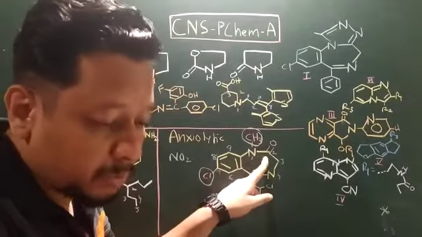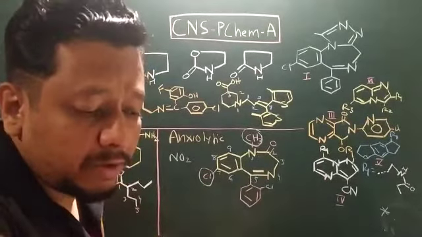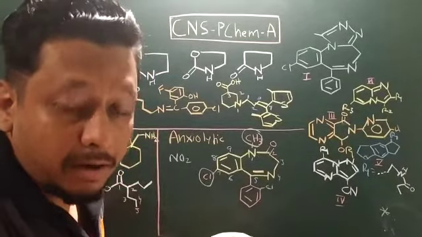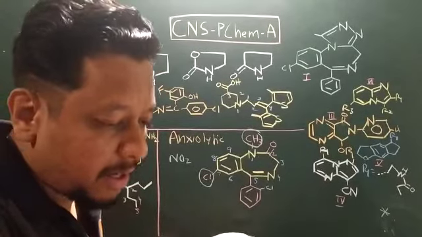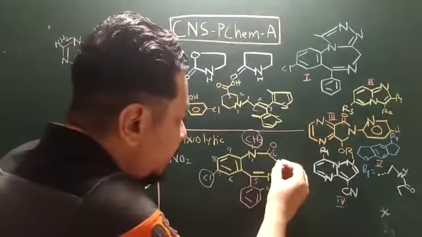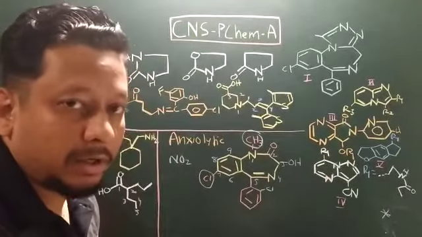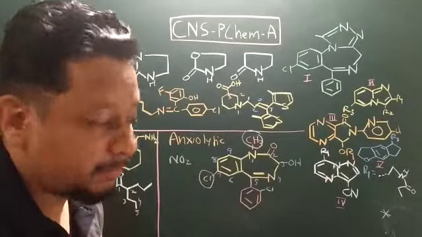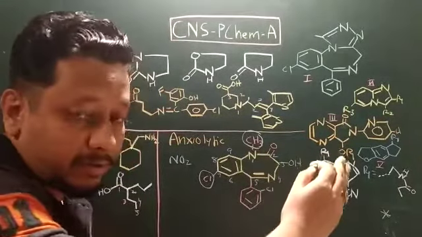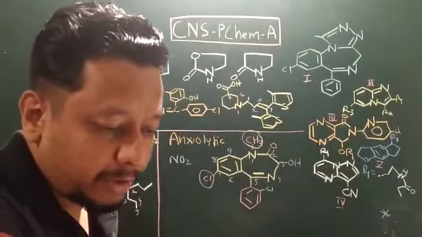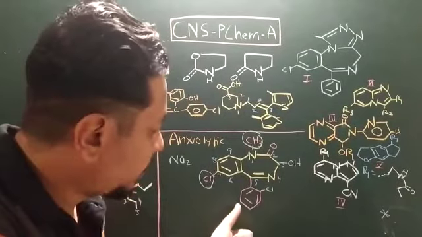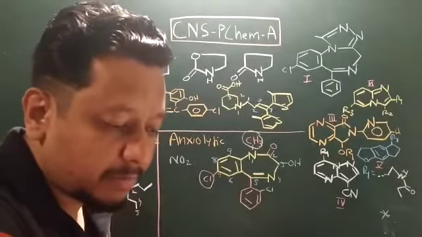Then the 2-ketone group is essential for interacting with the histidine residue of the GABA A receptor. Then a 3-hydroxy group, like in oxazepam, gives a relatively shorter half-life because it is more polar and can be excreted faster from the body. The 5-phenyl group is required for aromatic interaction with the receptors.